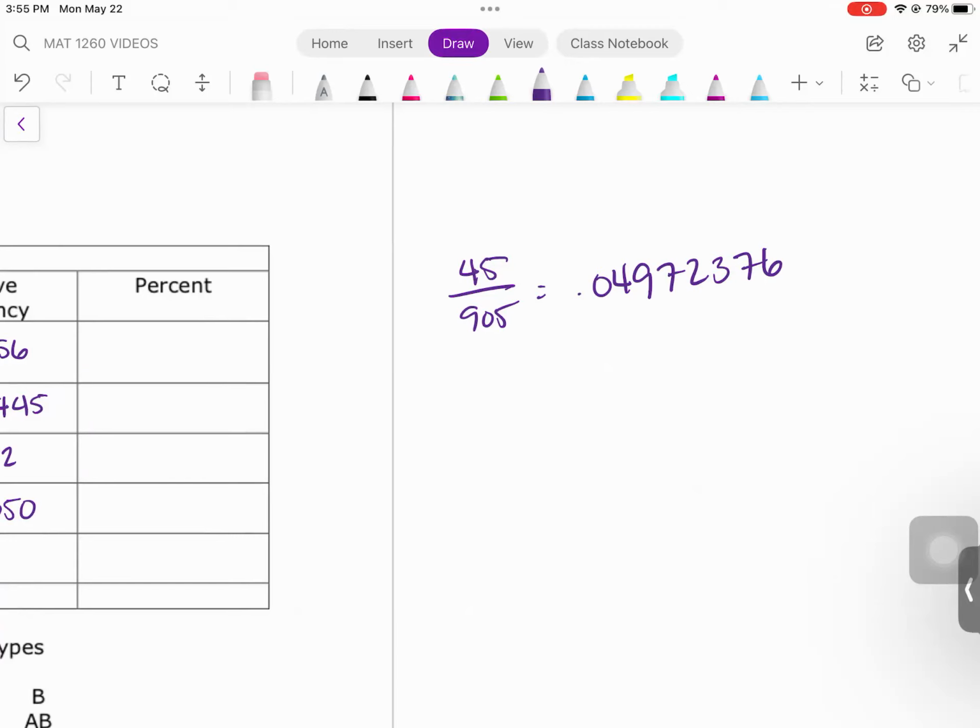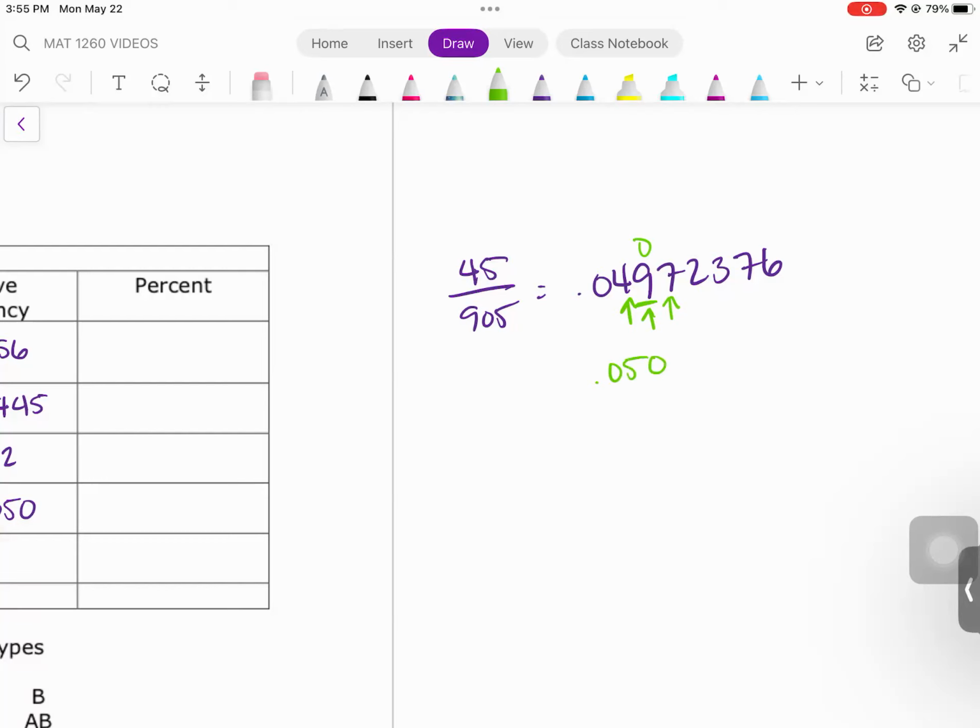If we want to round to 3 decimal places, that's that third digit, we want to look at the 4th digit to see how we're going to round that 3rd digit. Since that 4th digit is a 7, we want to round this value up, which would actually go to 10 or 0, which also forces this one to round up. So we get 0.050.